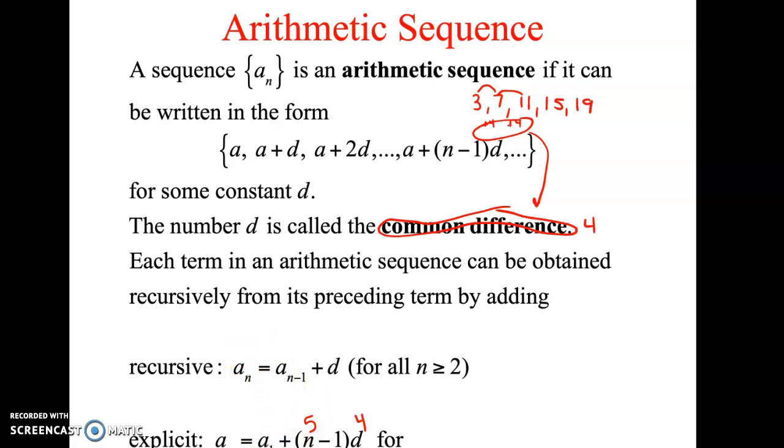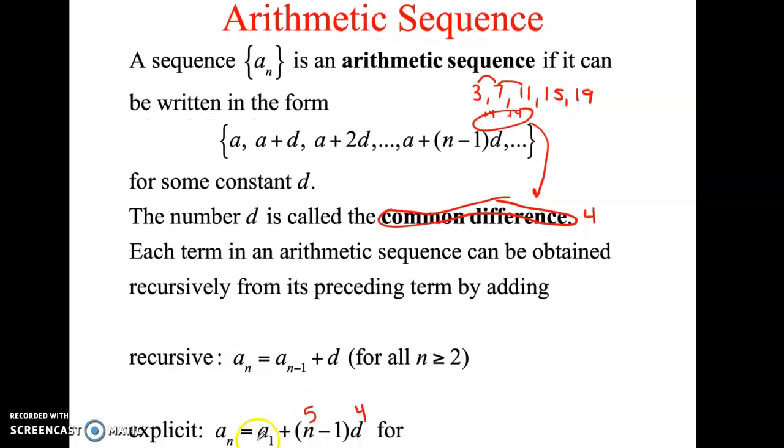A sub n means the term you're looking for. A sub 1 is your first term. n is the number of the term you're looking for, in this case 5, and D is the difference. As long as you understand the parts, you will have no problem doing this.